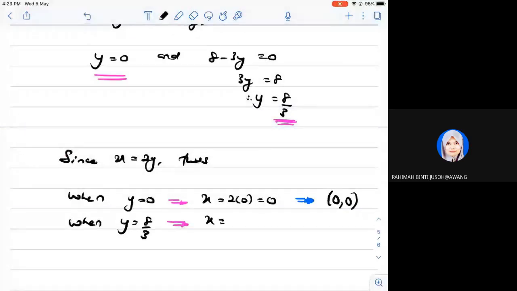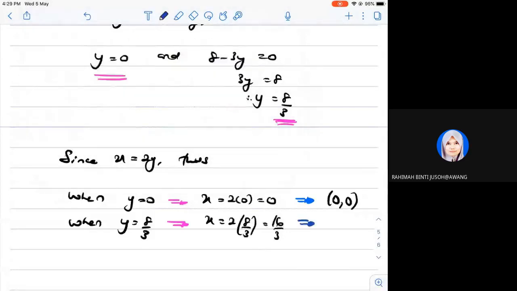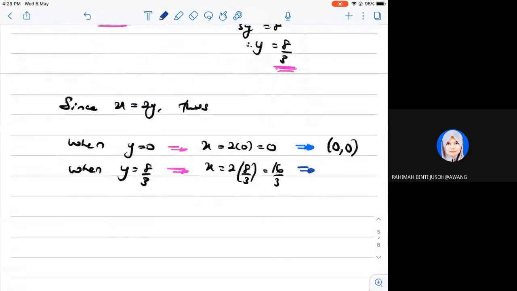We have 16 over 3. So be careful guys, macam saya pesan tadi. X position dia dekat x lah. So critical point yang kedua adalah 16 over 3, 8 over 3. Jangan terbalik.